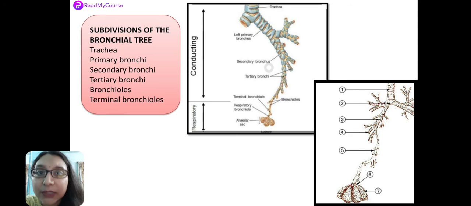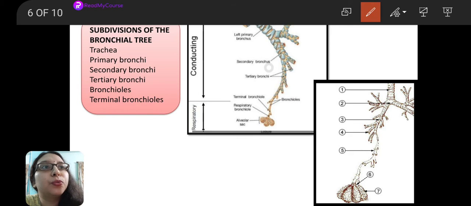So what are the subdivisions of the respiratory tree or the bronchial tree? See, we have seen the windpipe, the trachea. The trachea is breaking down into two structures. These are the primary bronchi, the right primary bronchus and the left primary bronchus. I will show with the help of a pen. See, these are the primary bronchi. Again, they branch to form what?